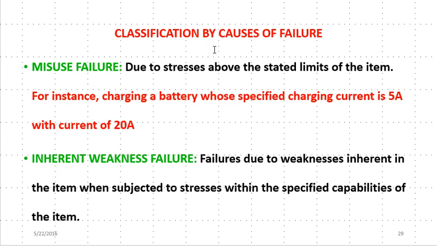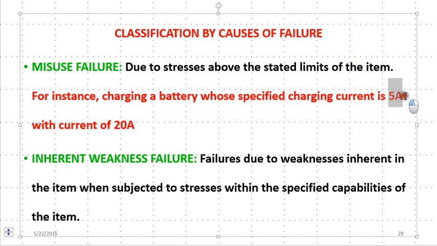The failure is classified into misuse failure and inherent weakness failure with respect to what is the reason the failure happens. The misuse failure is a failure due to stresses above the stated limits of the item. Supposing you have a battery, you want to charge the battery, and the charging current recommended is 5 amp. Instead of putting 5 amp, you supply 20 amp to it.